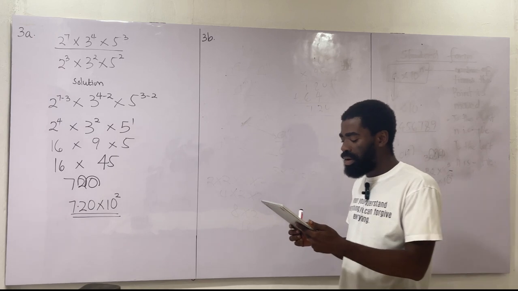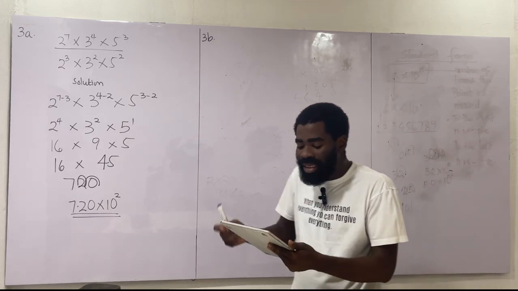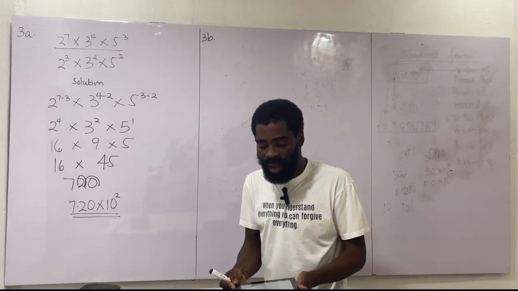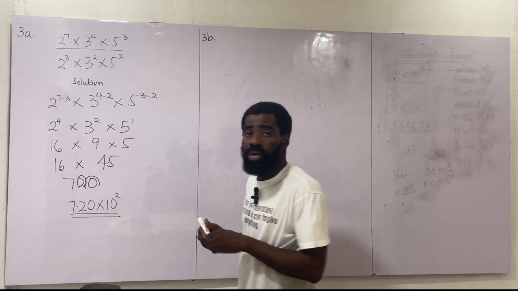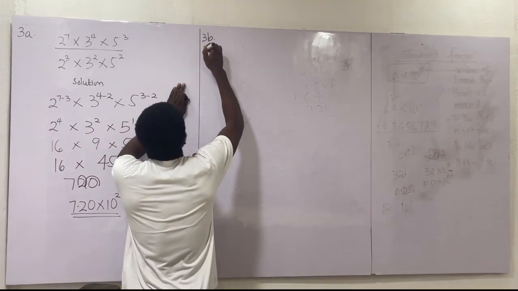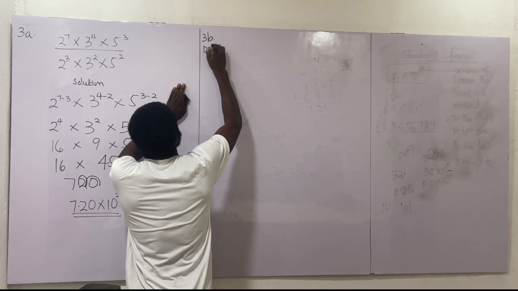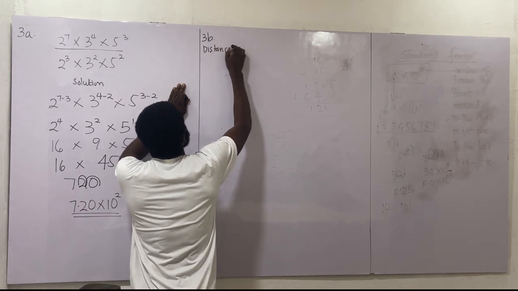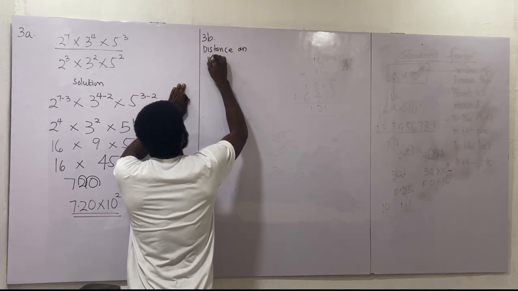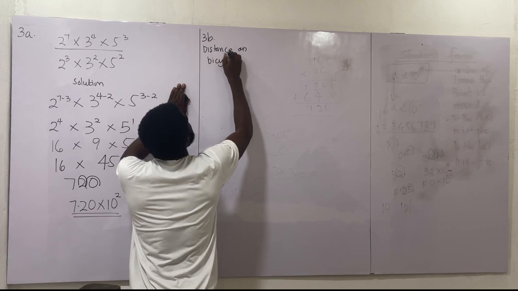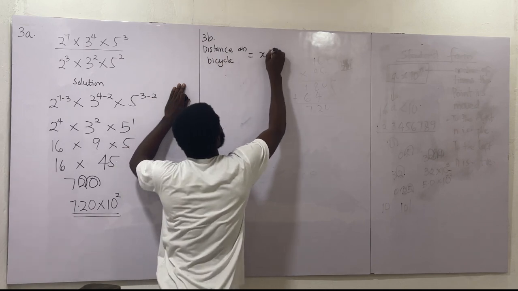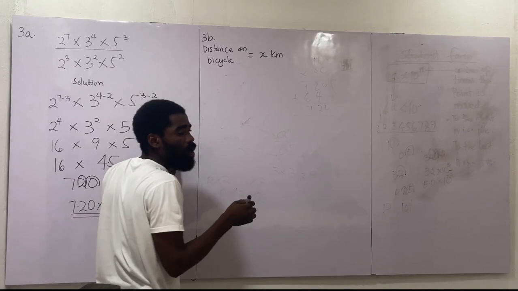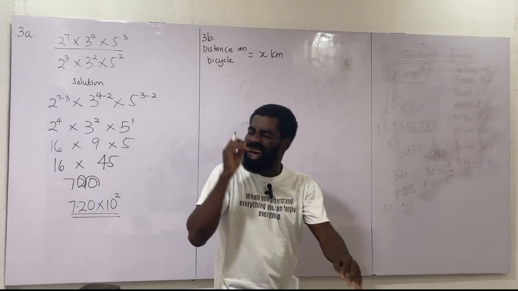Kwame rode a bicycle for a distance of X kilometers. I can decide to say, okay, distance on bicycle equals X kilometers. I'll put this information down. Once you get the data from the question, it helps you to solve the question.